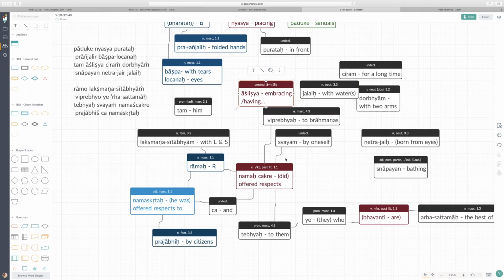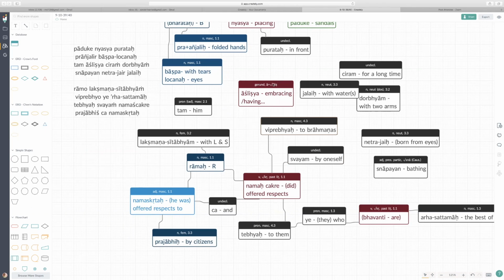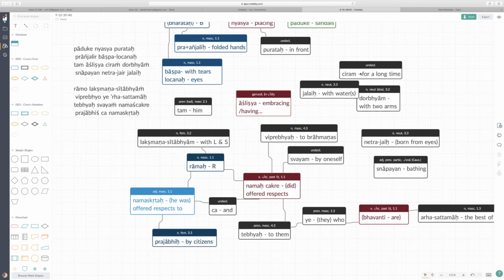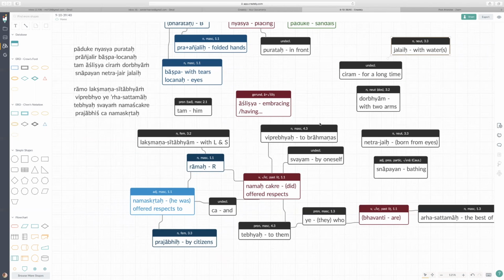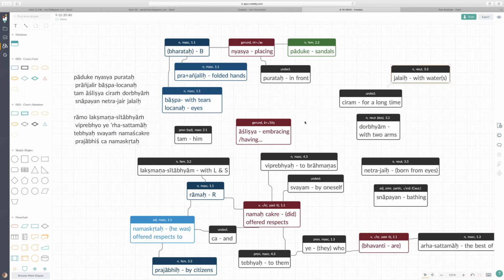Ashlishya, embracing. Embracing, what is the object of embracing? Tam. Yeah, tam. That's the object, which refers to Bharata. Yes, referring to Bharata. Tam aslishya. Chiram. For a long time.